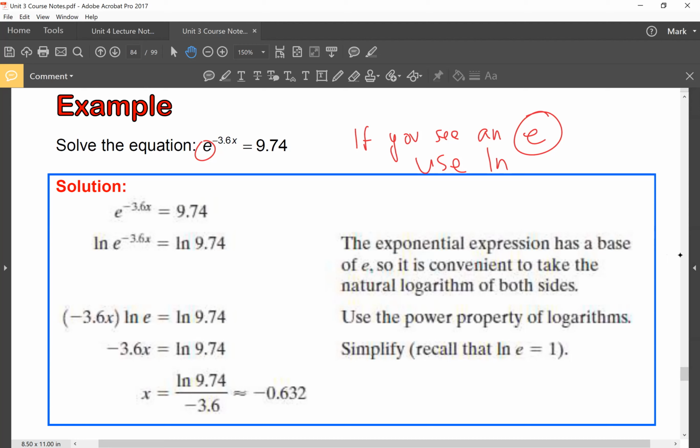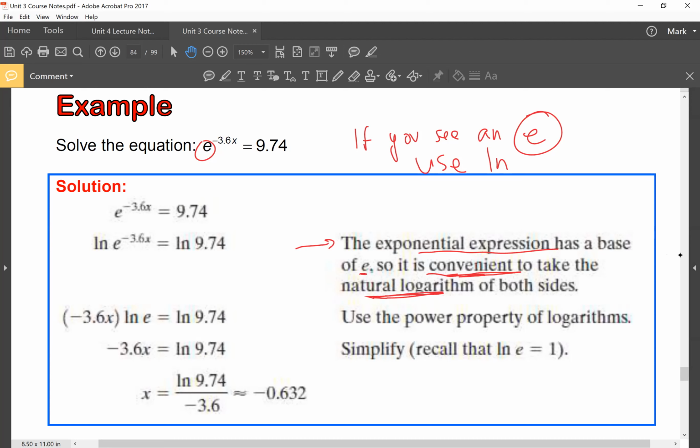It says here, the exponential expression has a base of e, so it's convenient to take the natural logarithm of both sides. You can totally use log, but if you see an e, it is convenient to use ln.